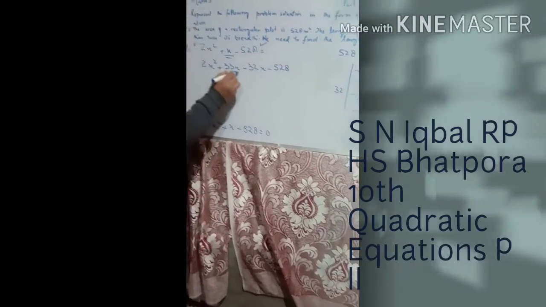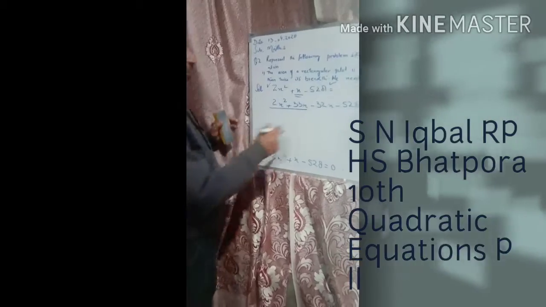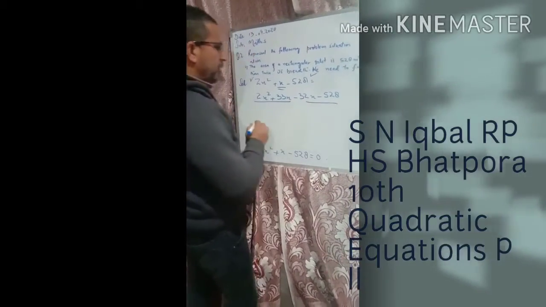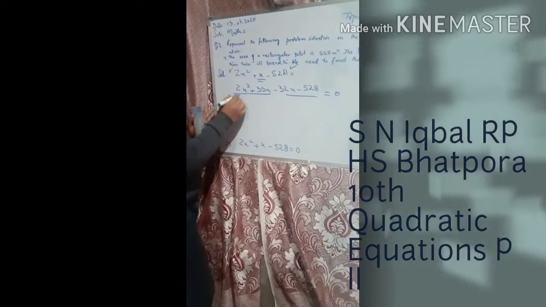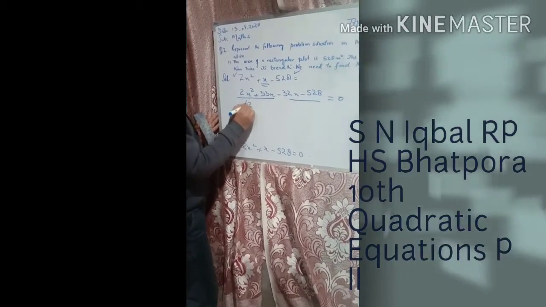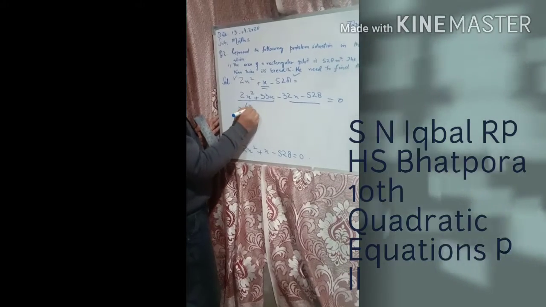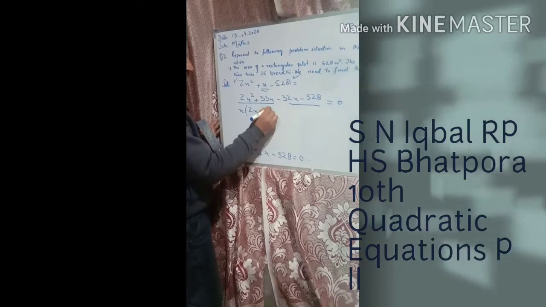So we shall see here what is common in these two terms and in these terms. In the first two terms we see x is common in both the terms, so we will take x as common, and there will remain 2x plus 33.